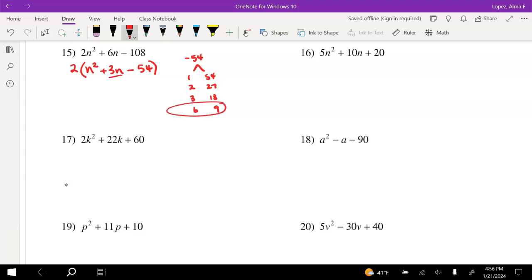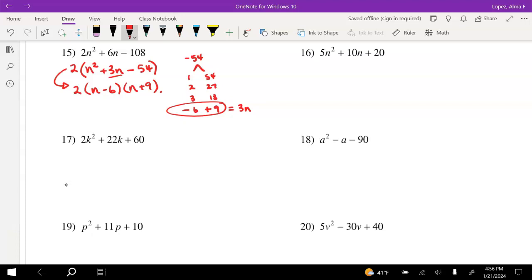In order for those two numbers to add up to a positive 3, I need the 9 to be positive and the 6 to be negative. They add up to a positive 3n. Now, open up your two parentheses. Factors of n squared are n and n, and I'm going to use a negative 6 and a positive 9. Not quite finished though. This 2 also is part of our final answer.